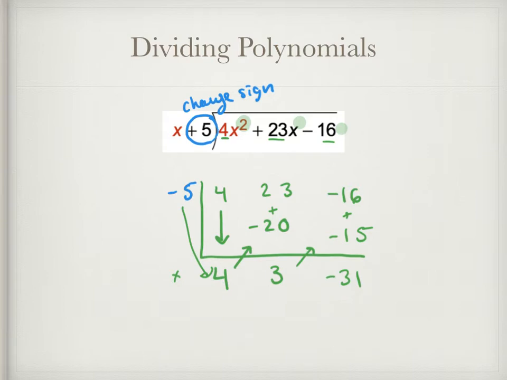If we start with an x squared, our answer is just going to be 1x less than that. So this 4 is a 4x, plus 3 with no x, because we're just descending. Our last number is always the remainder.